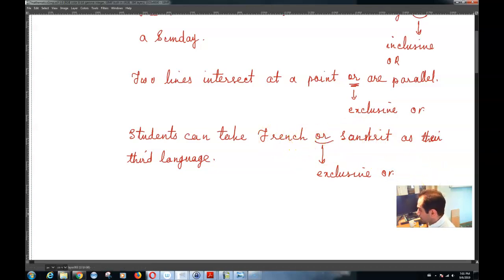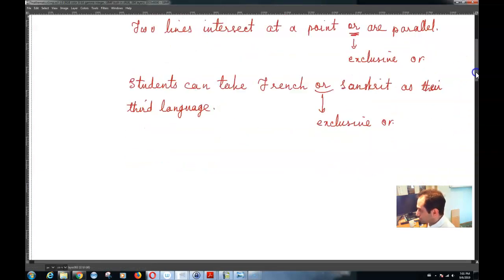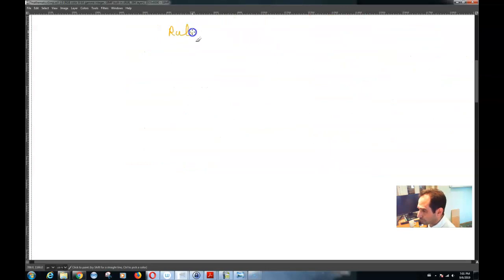Okay. So now the rules for compound statements with OR. The rules are basically this.